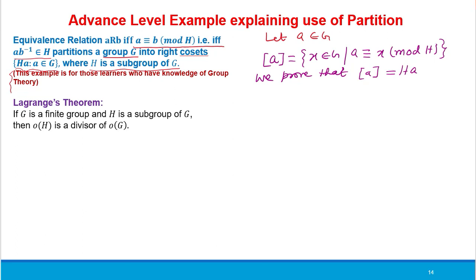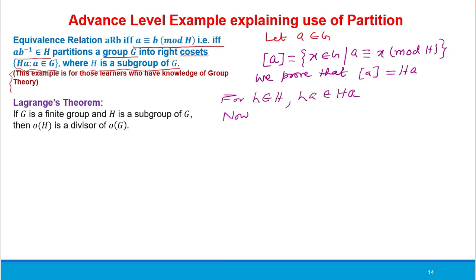Now for the element h in H, ha belongs to this right coset HA.